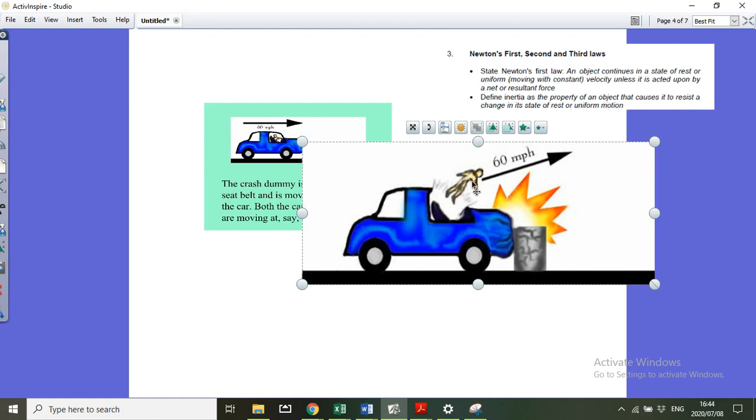So if you had to explain this using inertia, you will say the inertia of the dummy, property of the dummy, will cause it to resist a change in motion. So when the car changes its motion, the dummy will not change its motion and continue forward at a velocity of 60 miles per hour. Please, you need to use the correct wording for Newton's first law.